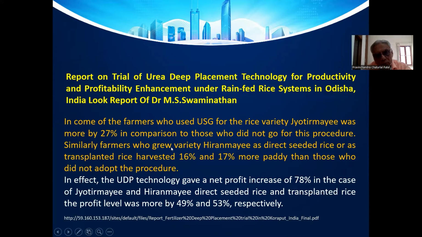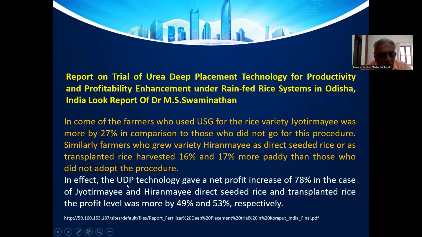Similarly, farmers who grew variety Hiranmai as direct seeded rice or as transplanted rice harvested 16% and 17% more paddy than those who did not adopt this procedure. So it is interesting that the system works in transplanted rice or direct seeded rice, and the productivity increased by 16 to 17% compared to not adopting the procedure.